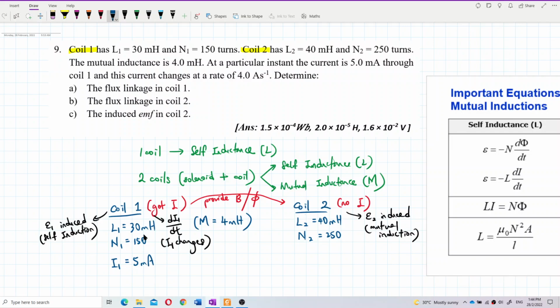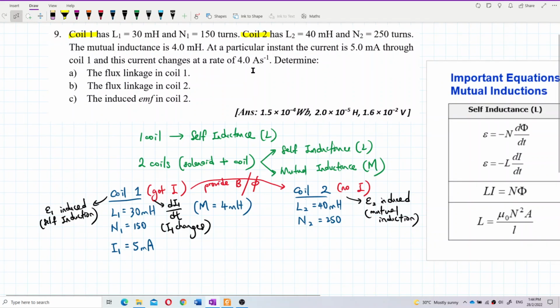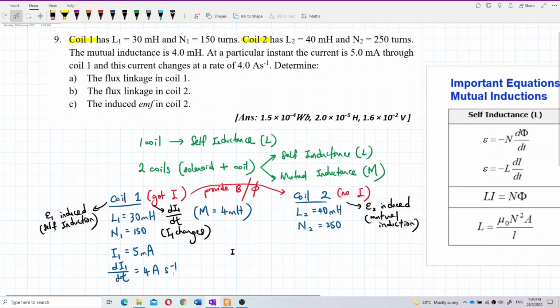And this current changes at the rate of 4 ampere per second, so that is di1 over dt, which is 4 ampere per second.